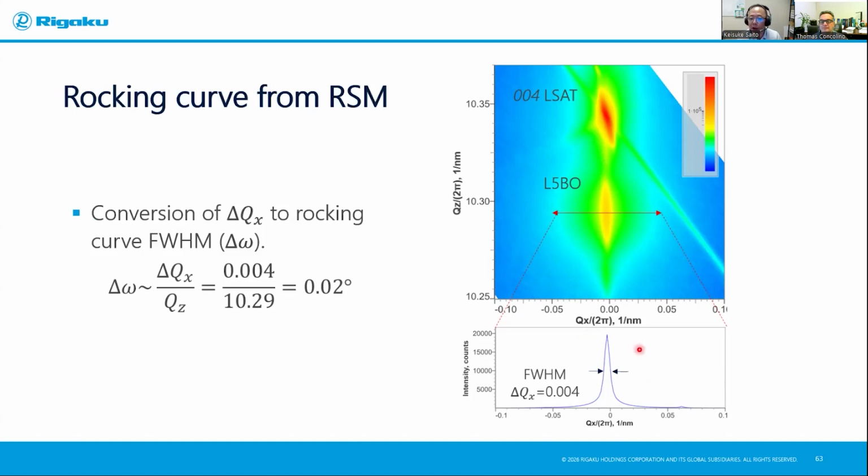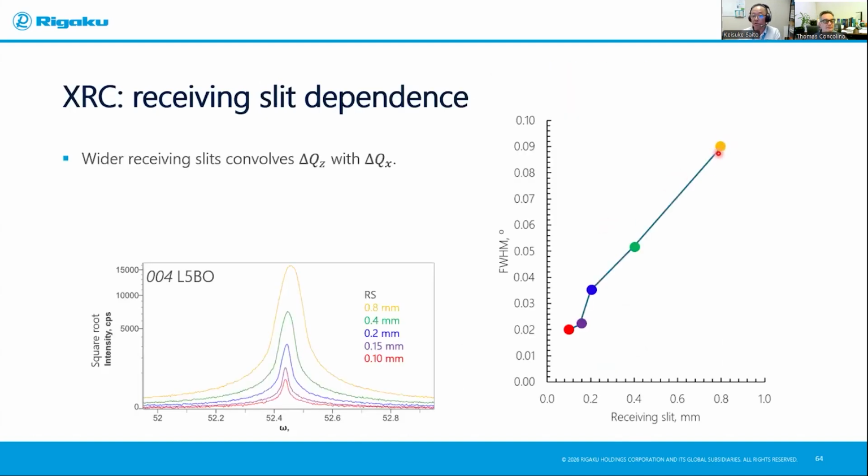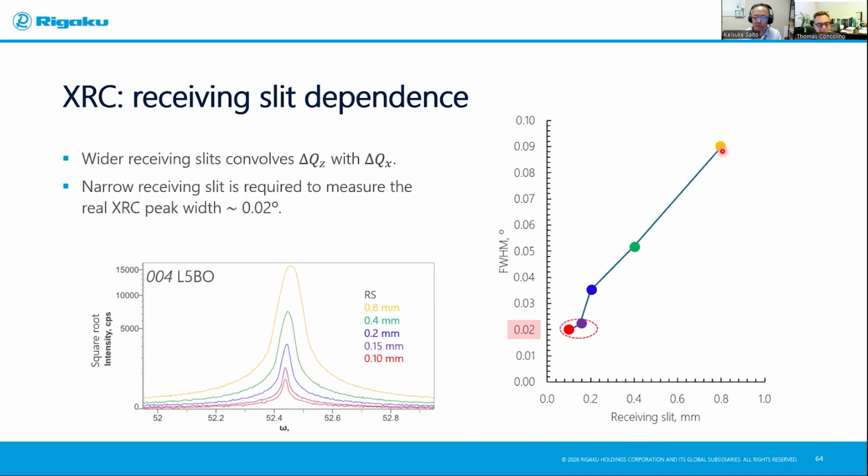That is the reason why this peak broadening is caused. So if you have a broad receiving slit, like 0.8, you are simply measuring the thickness of the film, not the mosaicity caused by the dislocation. That's the point. You need to reduce the receiving slit to see the real peak width caused only by the dislocation or mosaicity.